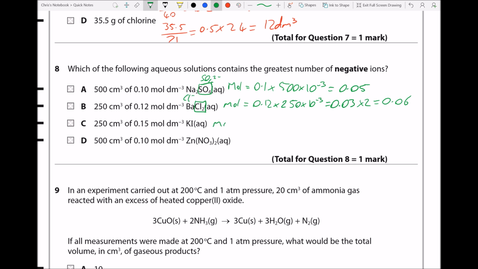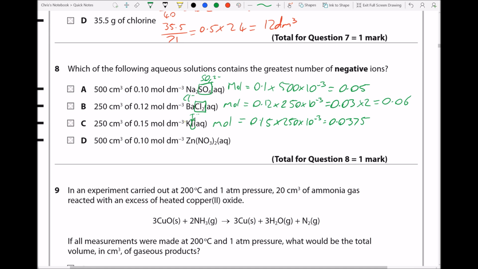Okay, the next one, the number of moles is 0.15 times 250 times 10 to the minus 3. So we should get the number of moles to be 0.0375. Now, because we only produce one I minus per molecule, that is just the number of moles of I minus as well.